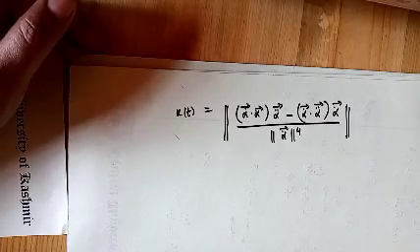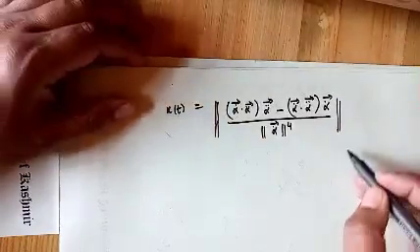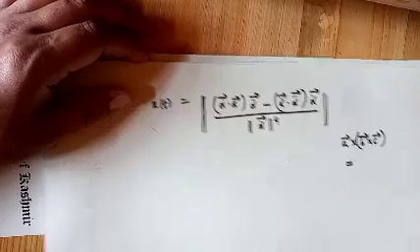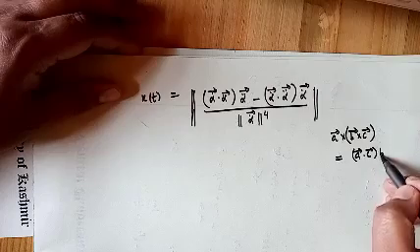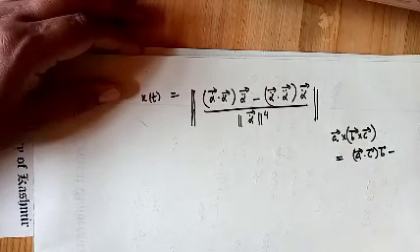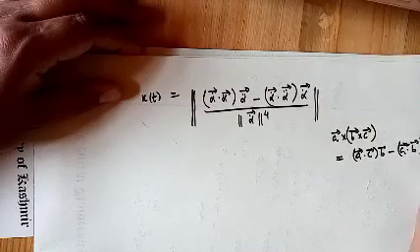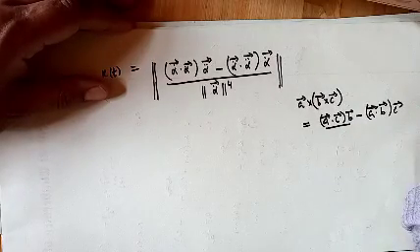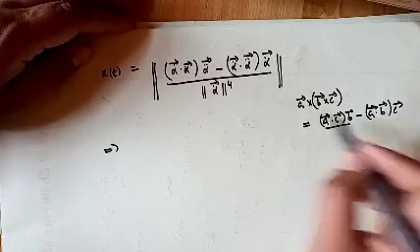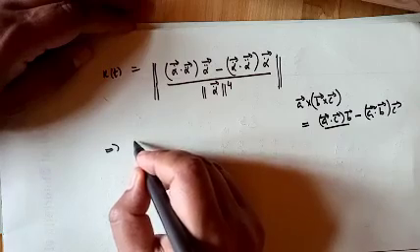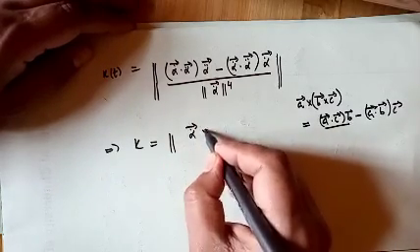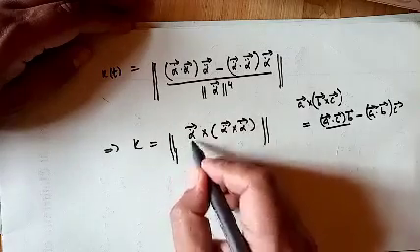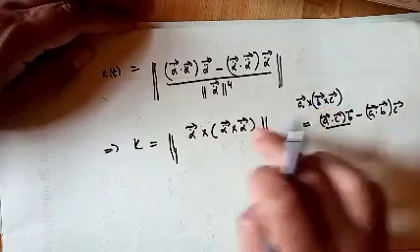Now using the formula for the triple cross product: for any triplet of vectors in three-dimensional space, A cross B cross C is always equal to A dot C times B minus A dot B times C. If we use this formula for this expression, it is easy to see that k would be equal to alpha dot cross alpha double dot cross alpha dot, thinking of alpha dot as A in this formula, alpha double dot as B and alpha dot as C again.